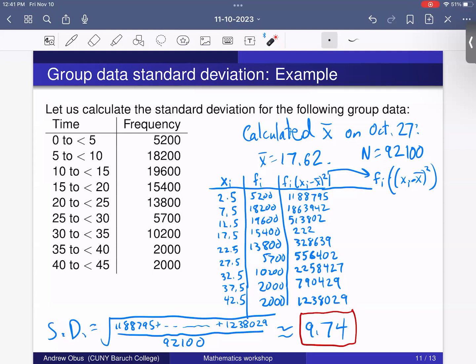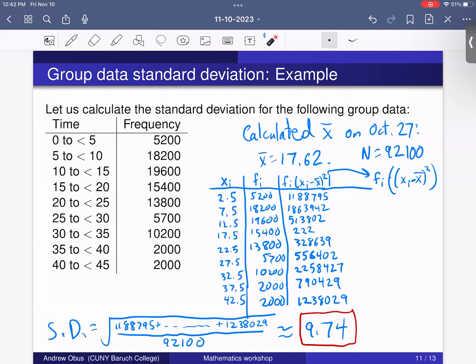If you're reading something where this is being reported in group data, what it's telling you is that if the standard deviation is very small, then basically all of the data is very close to each other, and you can expect further instances of this data to all be very close to the mean. Okay, that's what a small standard deviation means.